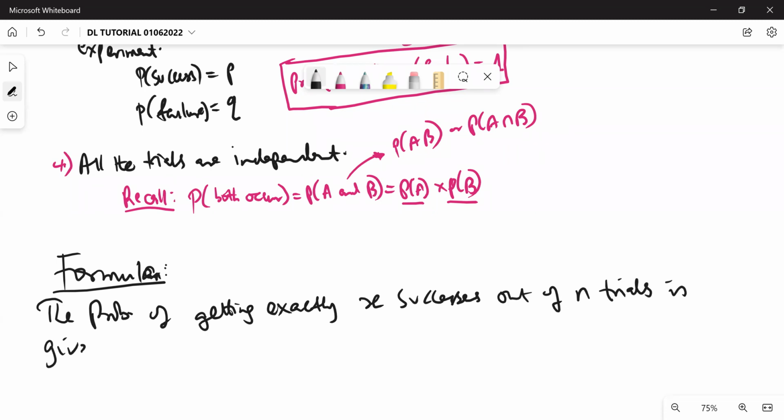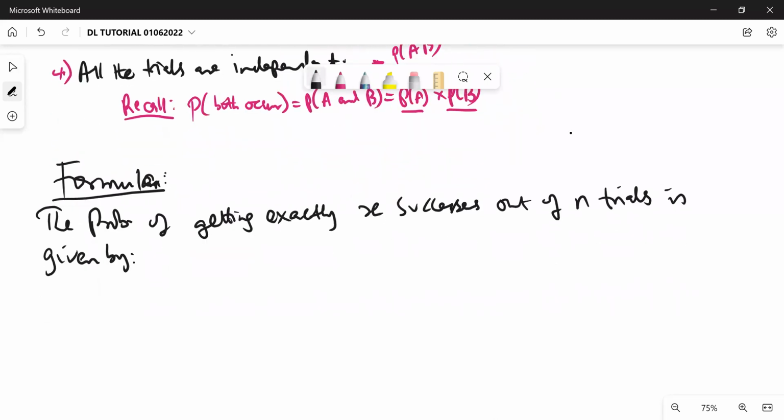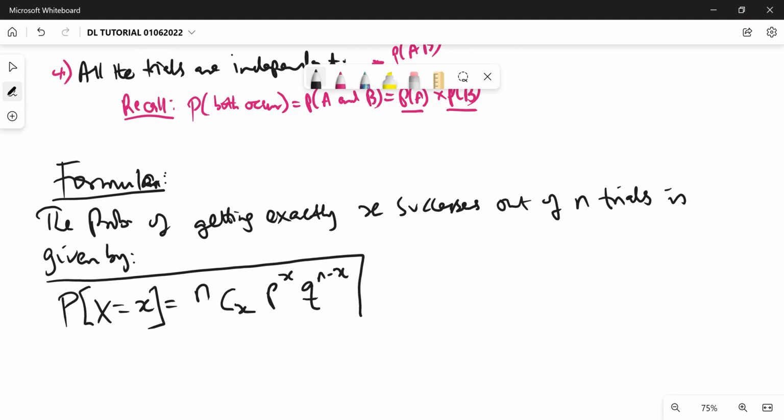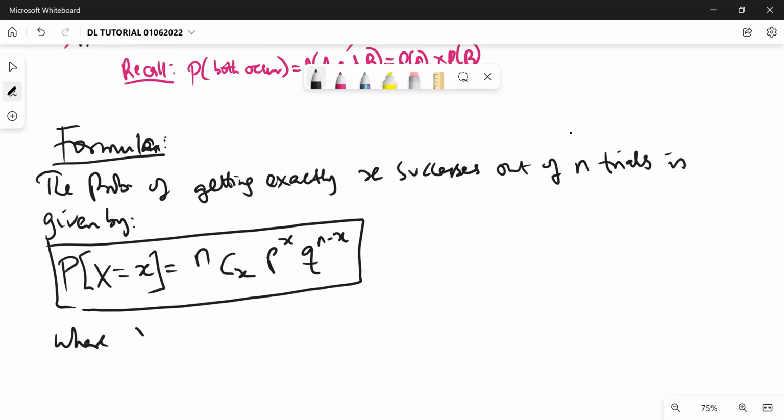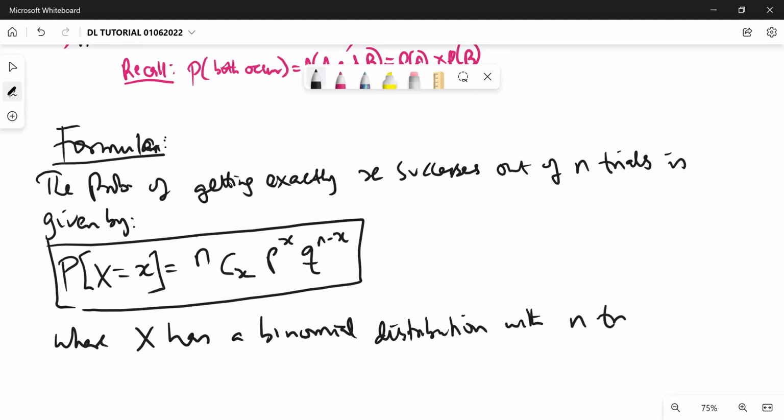It is given by P(X = x), which is equal to n combination x, p to the power x, q to the power n minus x, where X has a binomial distribution with n trials and probability of success equal to p.